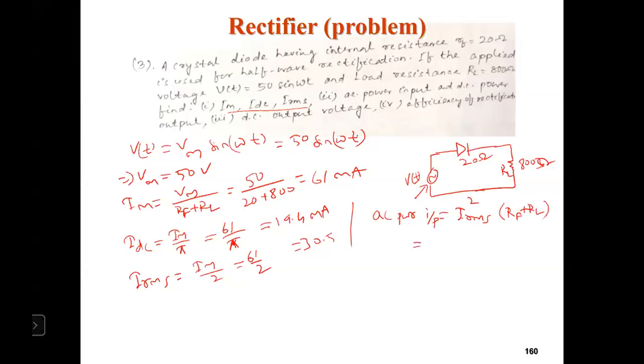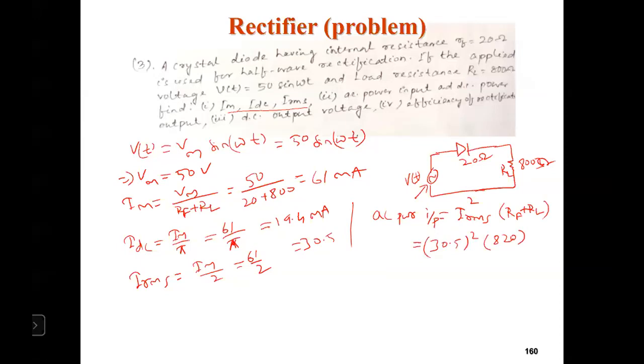So what is your IRMS in the input? IRMS is 30.5, so 30.5 square into, put this value 820.